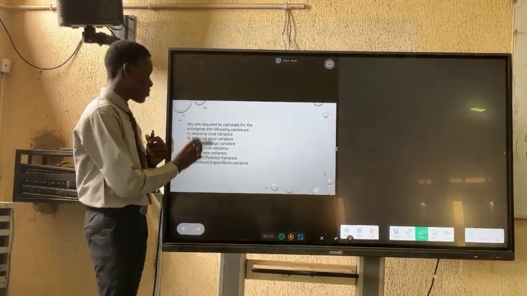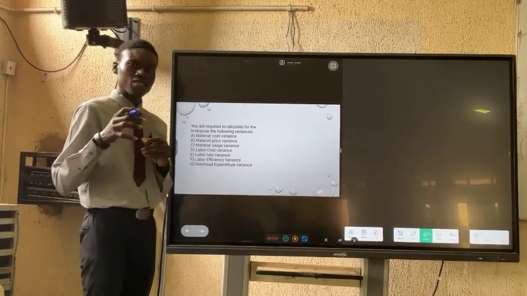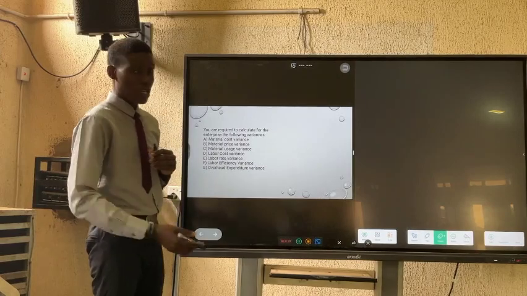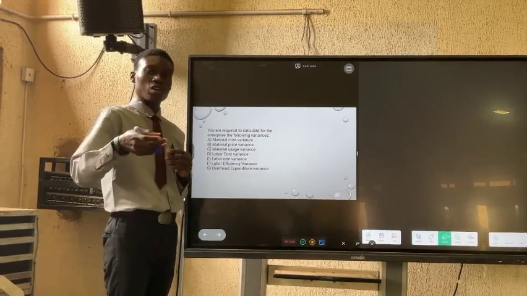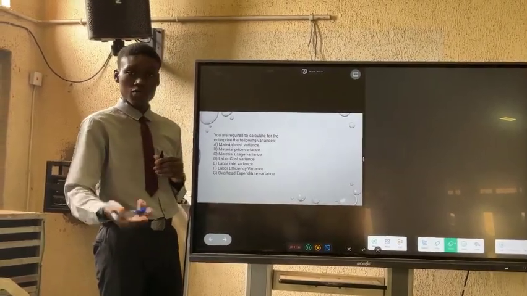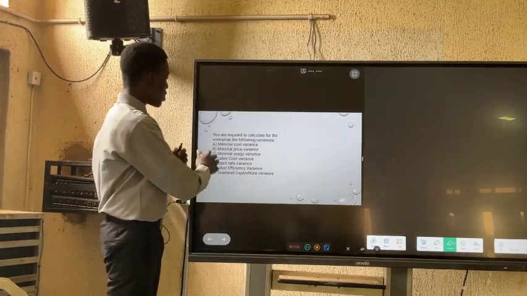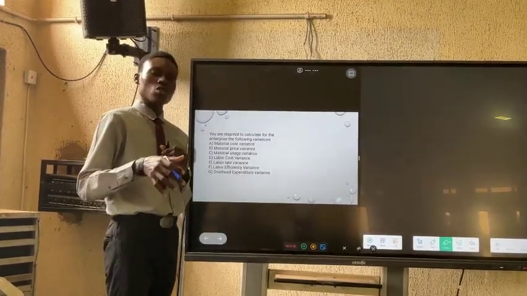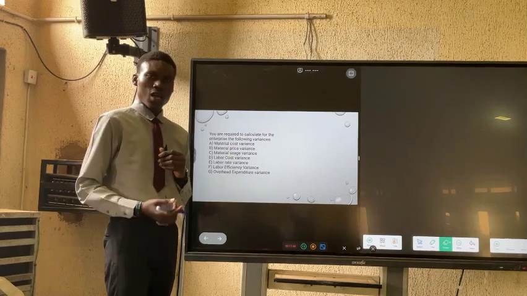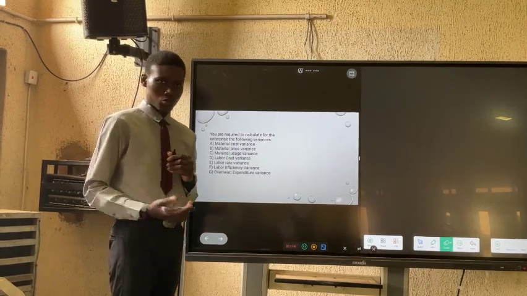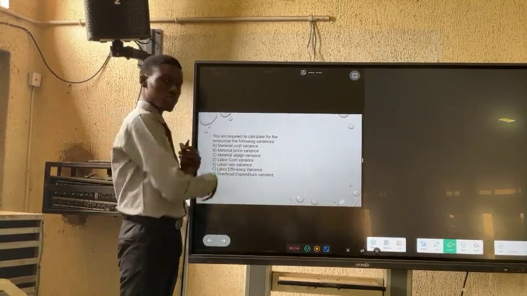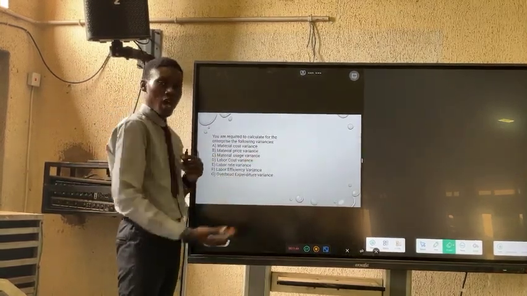So now, material price variance. This is the difference between the price set to purchase a given product or service and the actual price that was paid for that product or service. Are you with me? So now, another one, material usage variance. This is the difference between the standard units of material for production and the actual units that were used in production. In the course of the calculation, I will also spell out the formulas for these items.